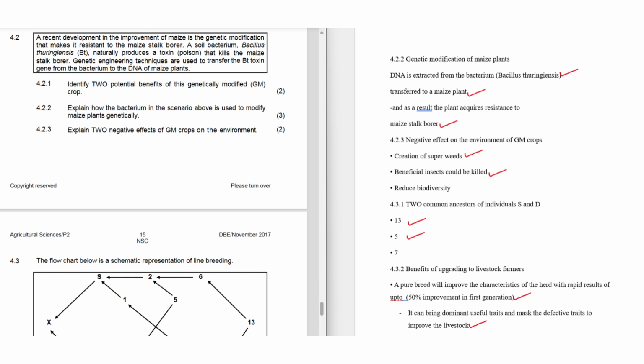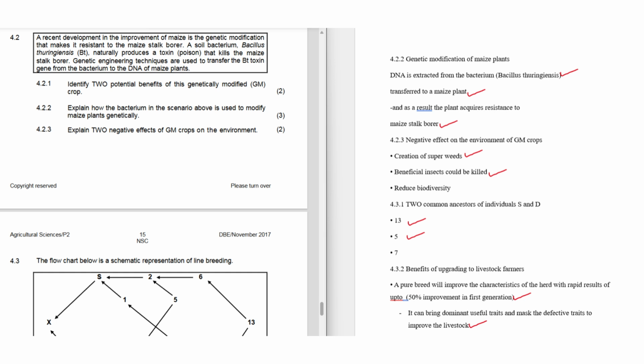You need to explain that the DNA is extracted, or removed, from the Bacillus thuringiensis bacterium and is transferred to the maize plant.